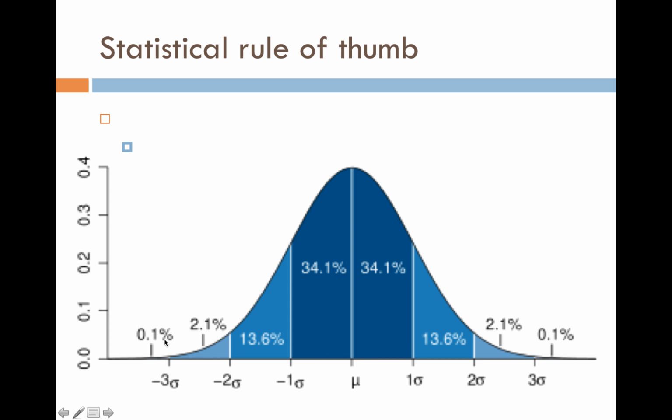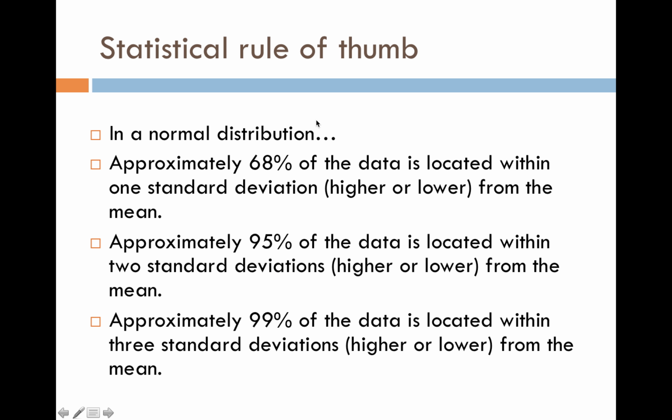So if we went out 3, which is way out to here, way out to here, then we're doing 10 plus 2 is 12, plus 2 is 14, plus 2 is 16, and then we do 10 minus 2 is 8, minus 2 is 6, minus 2 is 4. Then you're talking about 4 being over here, all the way to 16 over here. And that means 99% of the cases are in that range. And that's what this is.